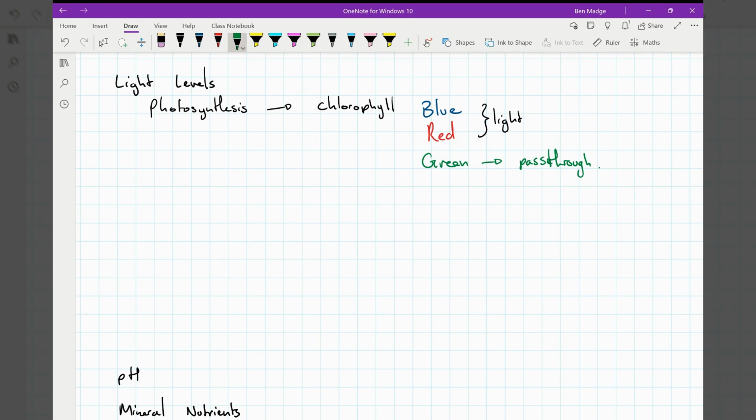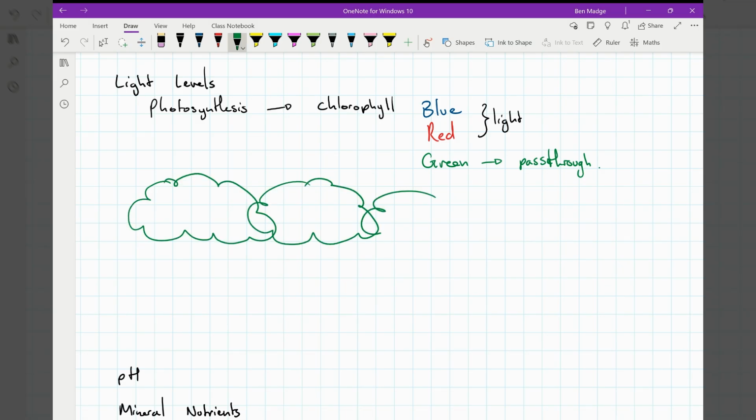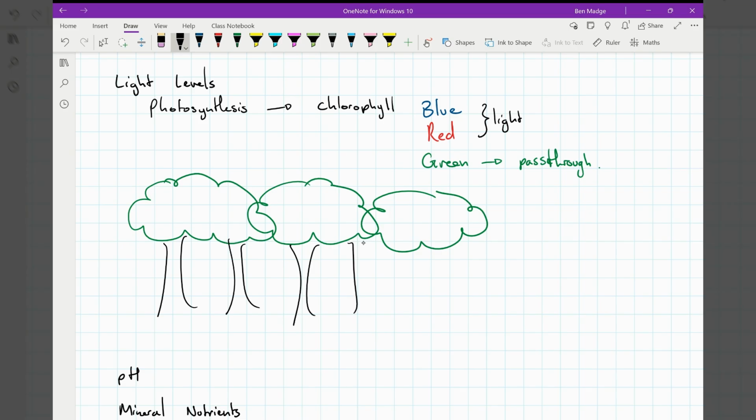And this means that where we have a dense forest canopy, most of the light that is actually getting through to the ground is going to be the green light, because that's not being absorbed above the surface.